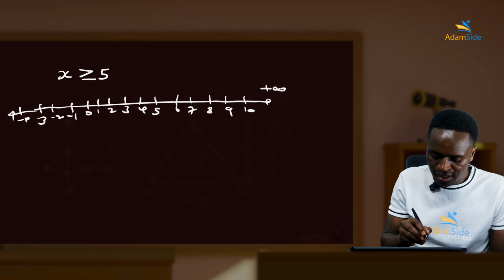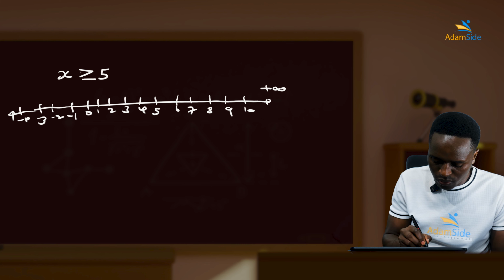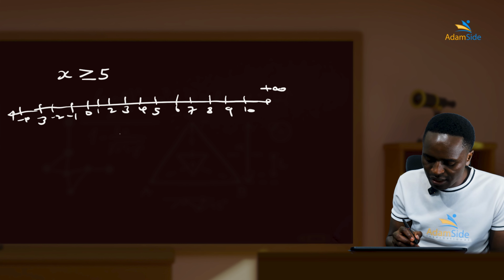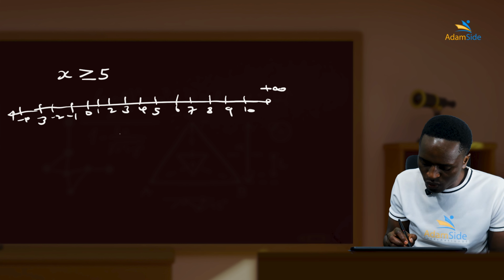So in this scenario, we understand that x is greater than or equal to 5. So you go to where 5 is, and since it's greater than or equal to, it's full bolded. Then you go up.